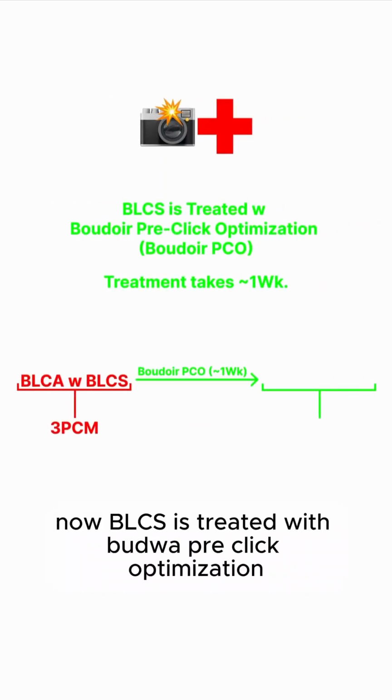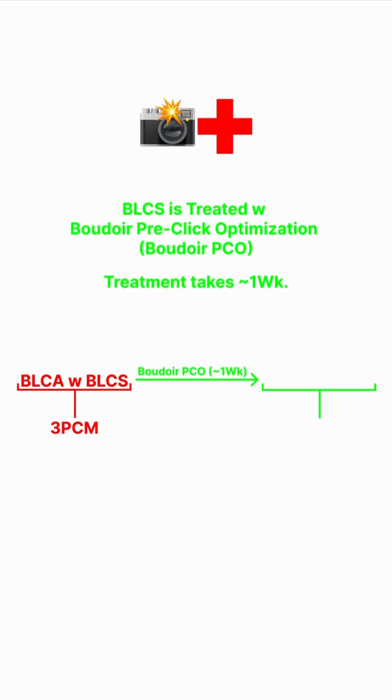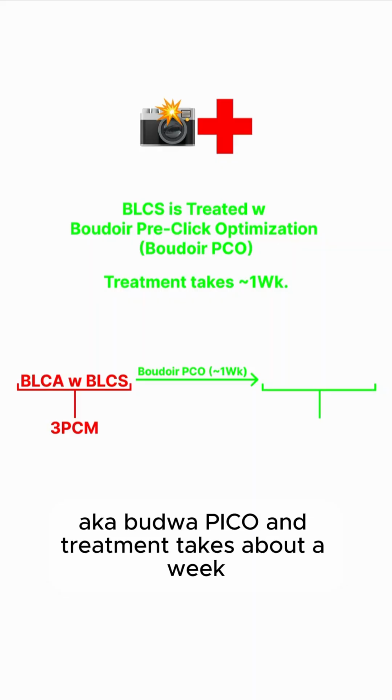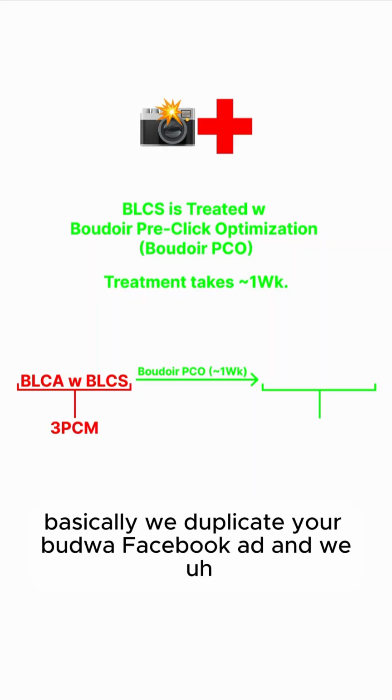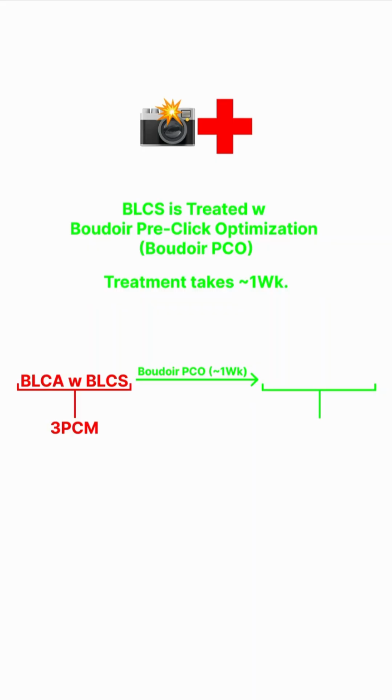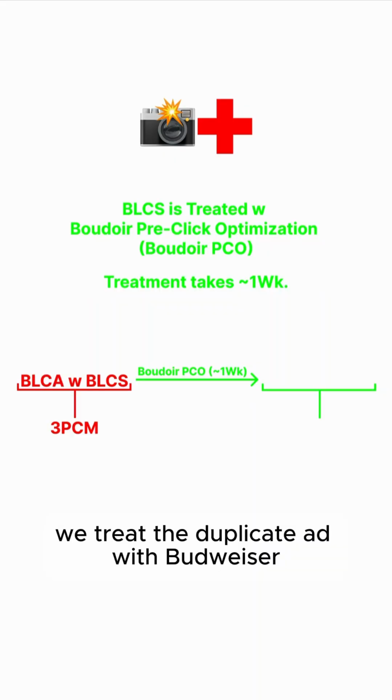Now, BLCS is treated with Boudoir pre-click optimization, aka Boudoir Pico, and treatment takes about a week. We invented this. We're the only ones that got this. Basically, we duplicate your Boudoir Facebook ad, and we treat the duplicated ad with Boudoir Pico.